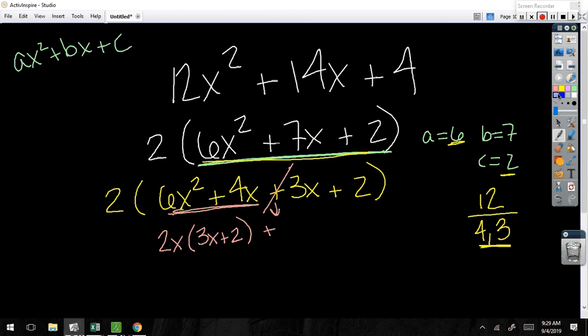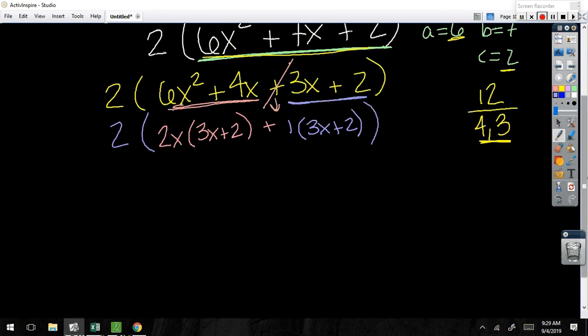Now, look at the second 2. What's the GCF? 1. There's not 1. You can always use 1 if it doesn't have 1. What's left if you take out a 1? Everybody with me? All right, this 2 is still sitting on the outside. I'm just going to keep carrying it down as I work.